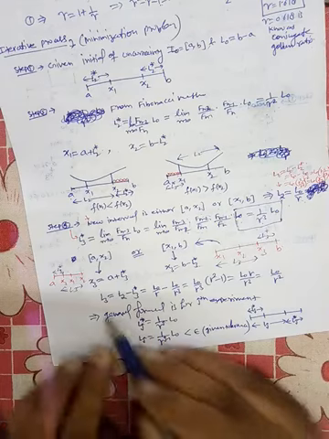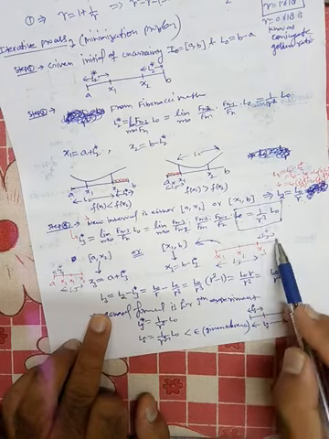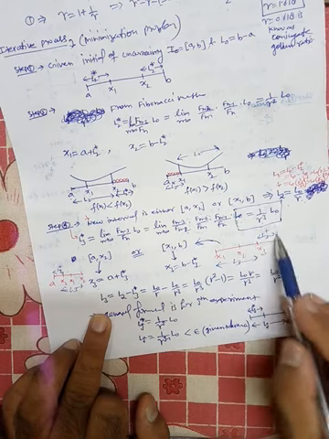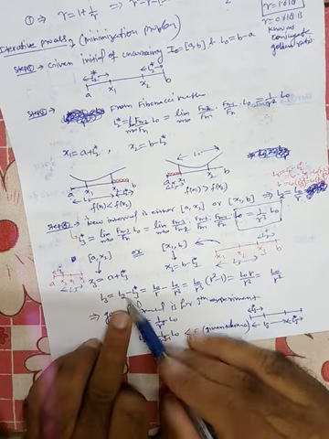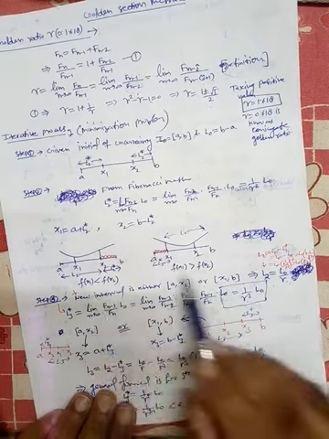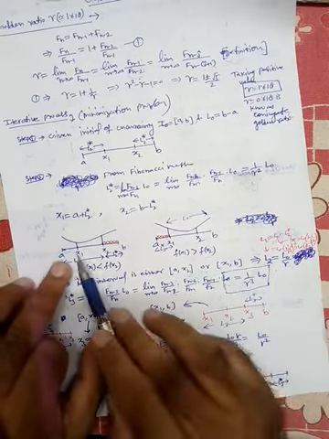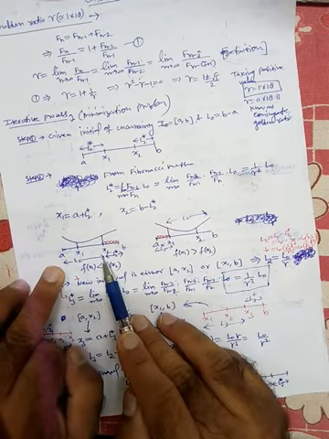So L3 will be the remaining distance. This distance L3 is L2 minus L3 star. So what is L2? We have already evaluated. This distance is L2, from here to here.